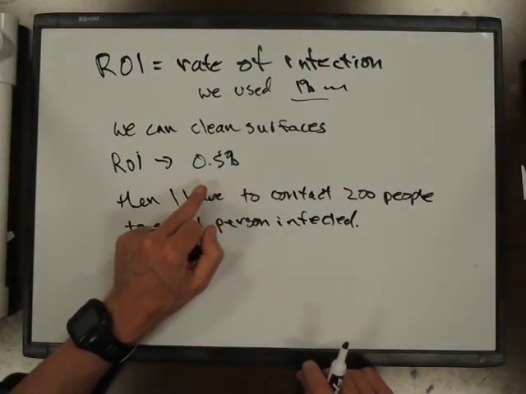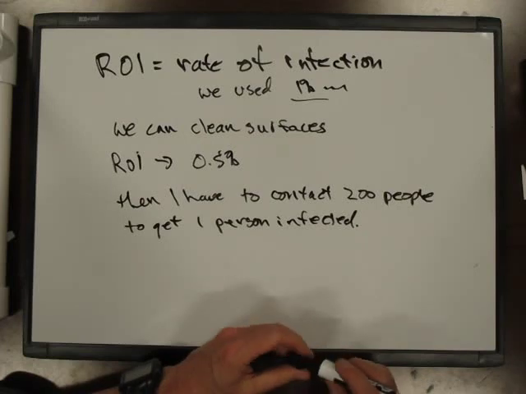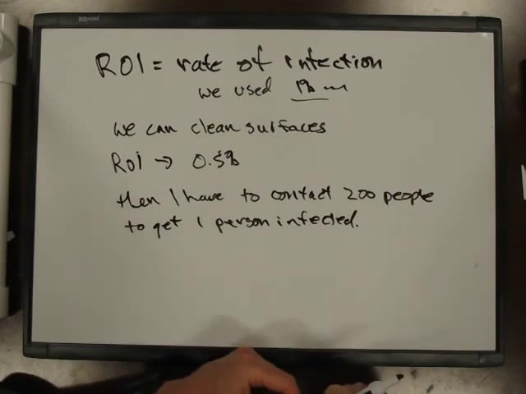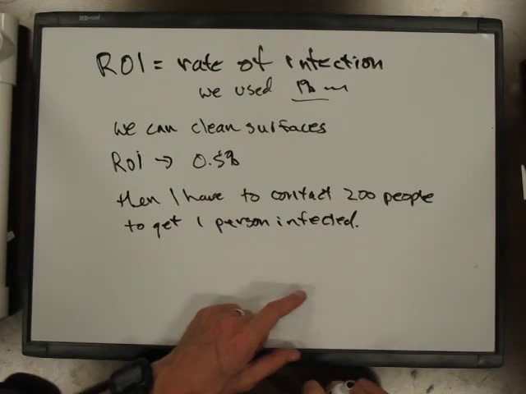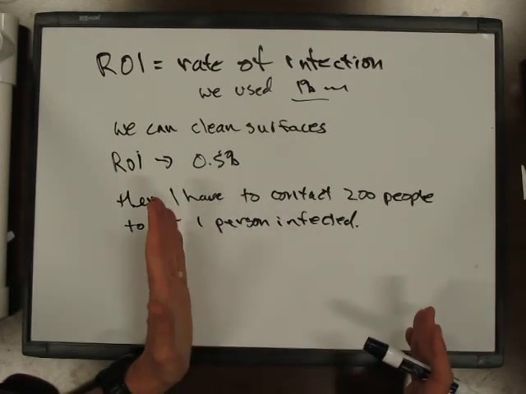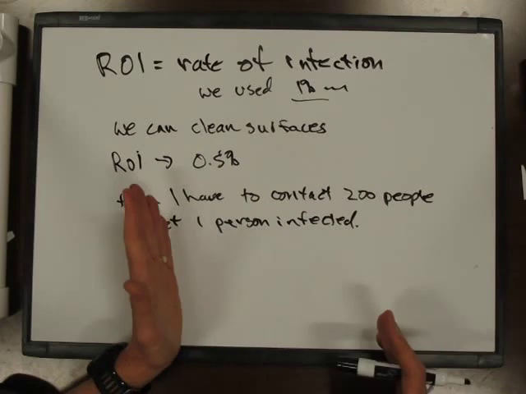In order to multiply 0.5% to get 100% on one person, I have to see 200 people on average. And so if my contacts were 100 a day, then it would double every 2 days.